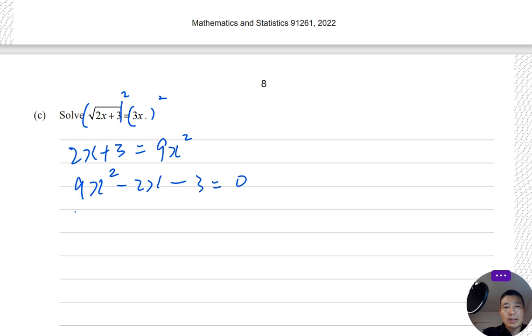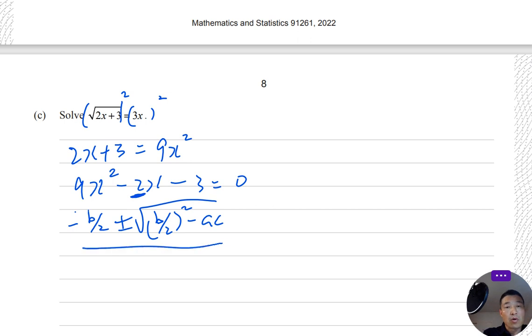When you have an even number here, you can use this shortcut: minus b over 2 plus or minus the square root of (b over 2) squared minus ac, not 4ac, all over a. This is beautiful because oftentimes the coefficient of x squared is 1.